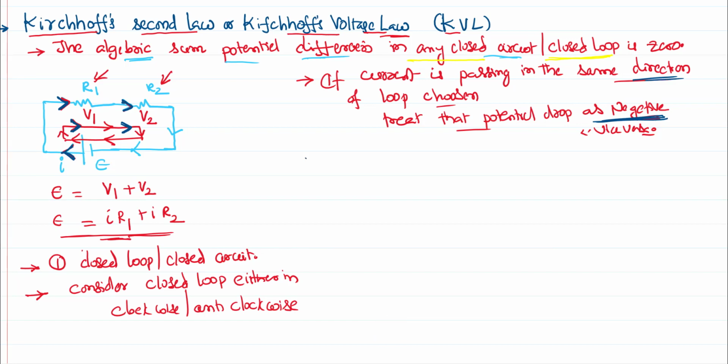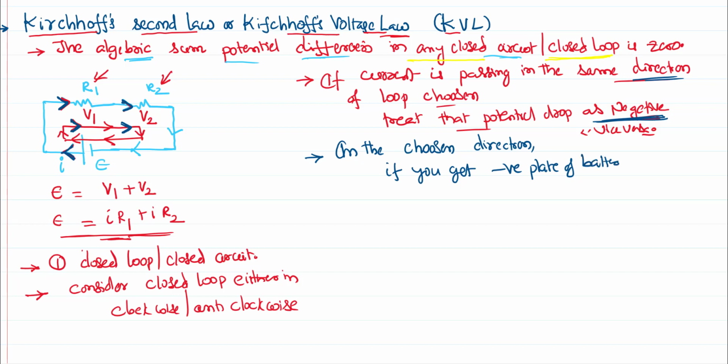Now it comes to the cells. How shall we handle the cells? In the chosen direction, you have chosen clockwise or anti-clockwise, right? In the chosen direction, if you get the negative plate of the battery first and then the positive plate, treat that EMF as positive.